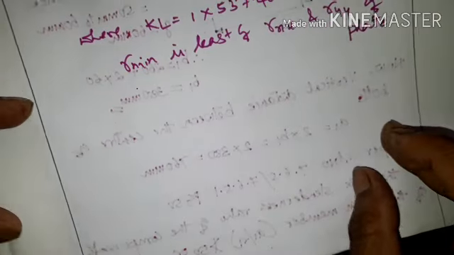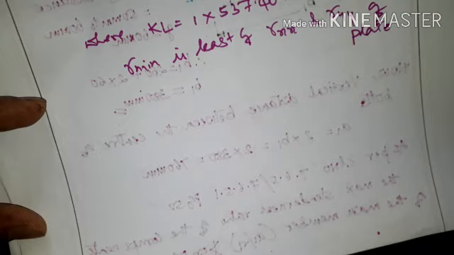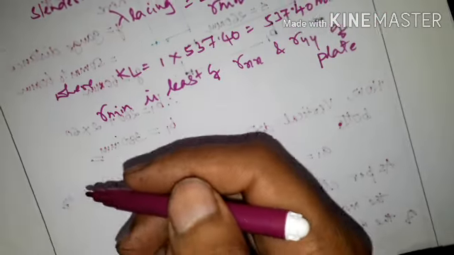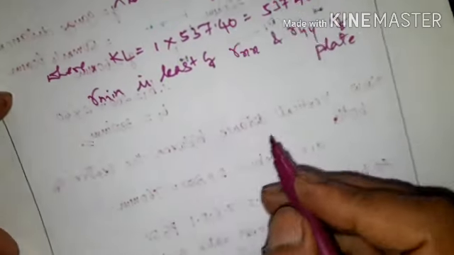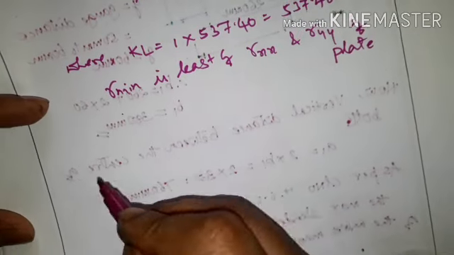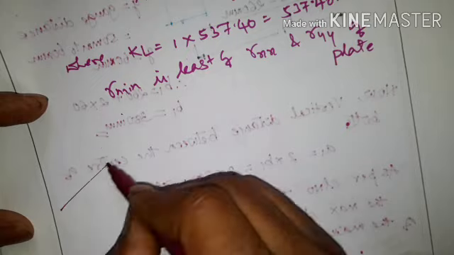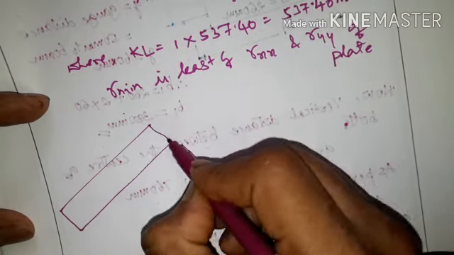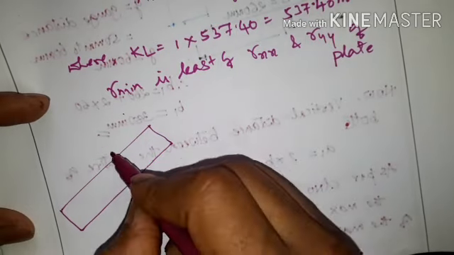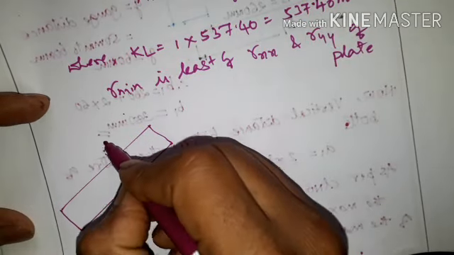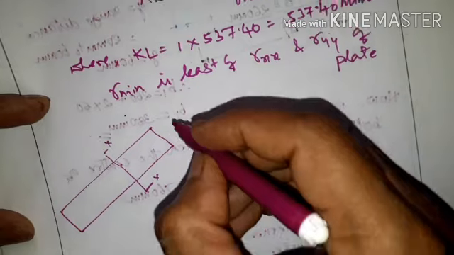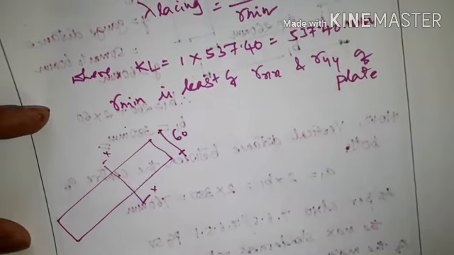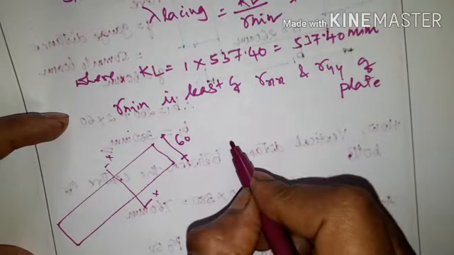Okay, so now here we have the plate we have provided like this. If you see the cross section of this plate, it is 60 mm plate, width of the plate is, and if I cut, the plate will be like this.